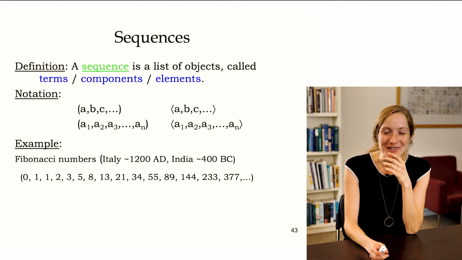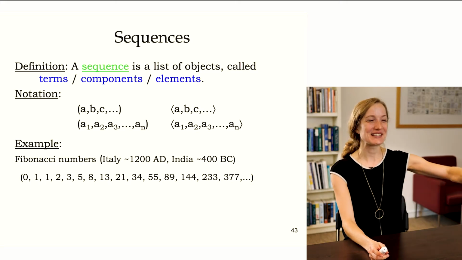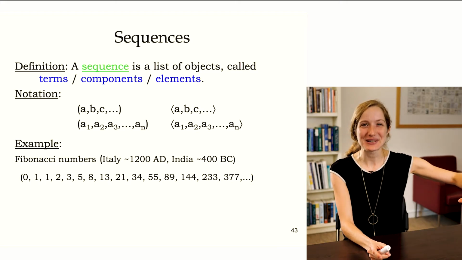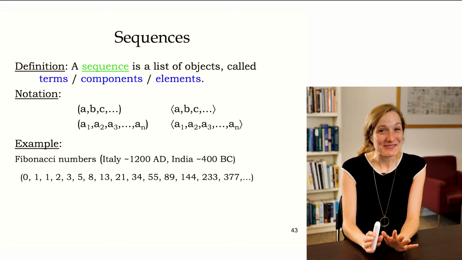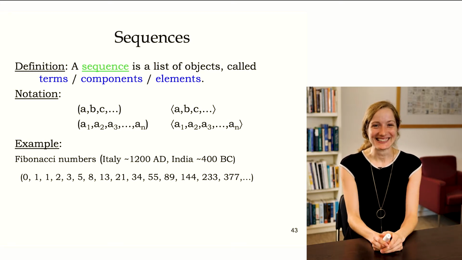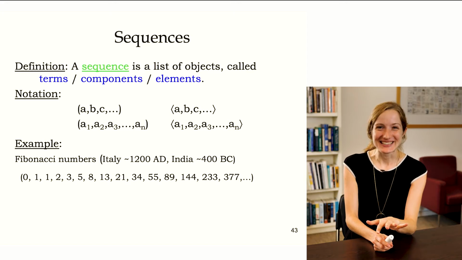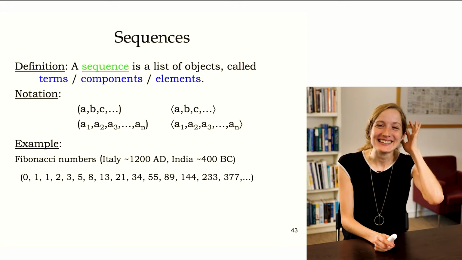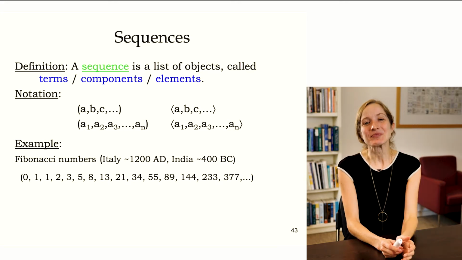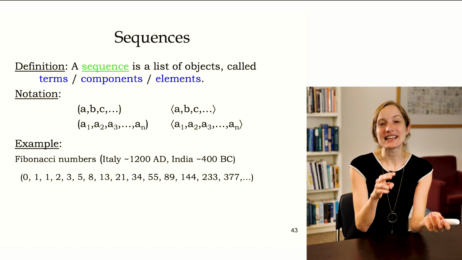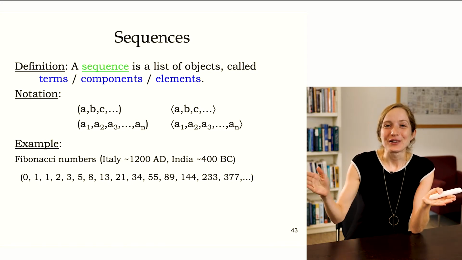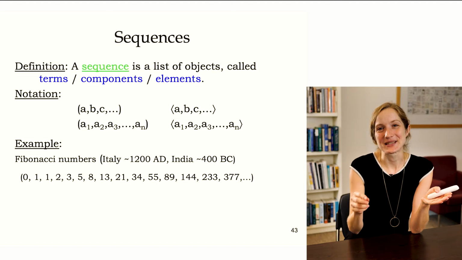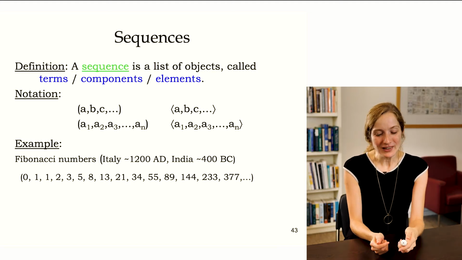In fact, I remember in grade school once we were given the sequence of numbers on the chalkboard and told to try to figure out what the pattern is. And given enough time, we did figure out what the pattern is. So, if you want to, you can pause the video and try to figure out the pattern. Not so important for this lecture. But this is defined by starting with 0 and 1, and then each further number is defined by taking the sum of the previous two.